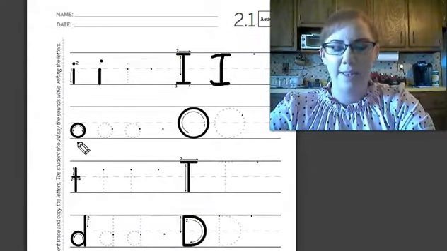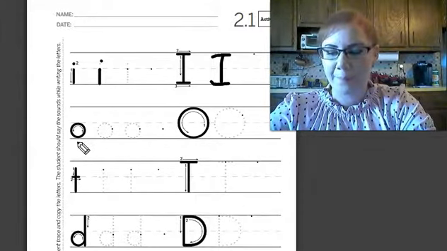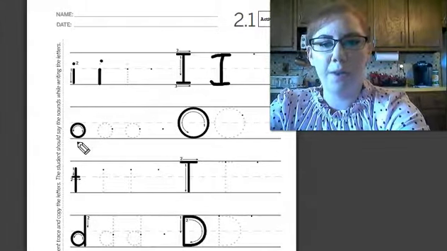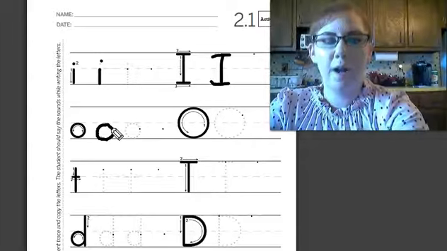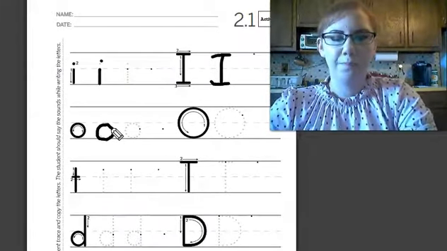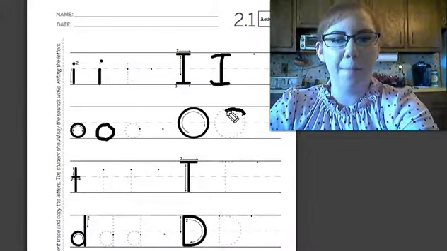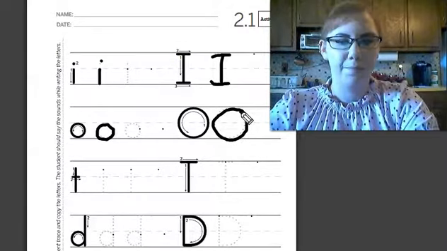Next, we have the letter O, or Ah. We're going to draw a circle below the middle dotted line for the lowercase o. For the capital O, we need to draw a big circle that goes all the way from top to bottom.